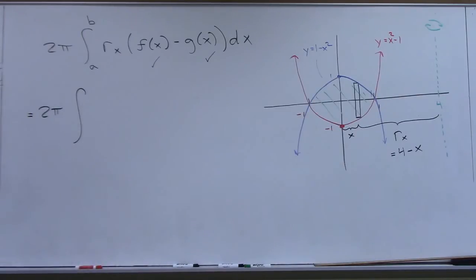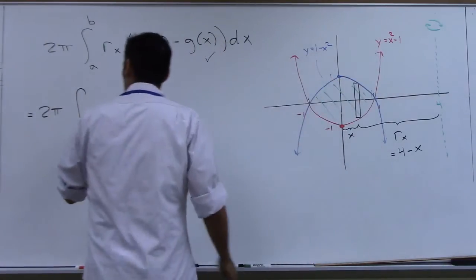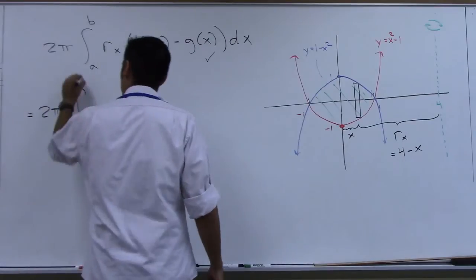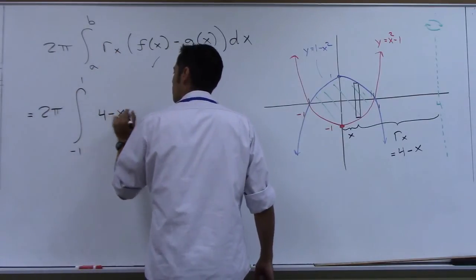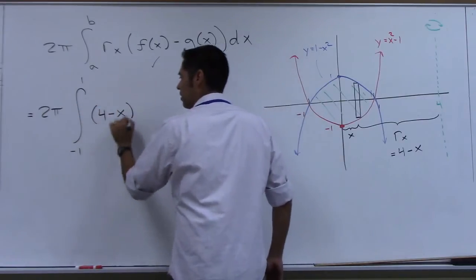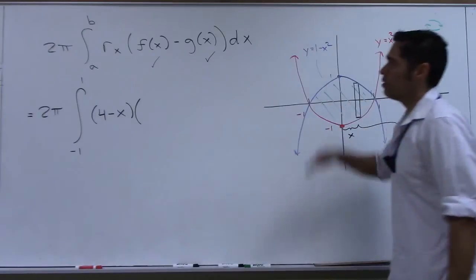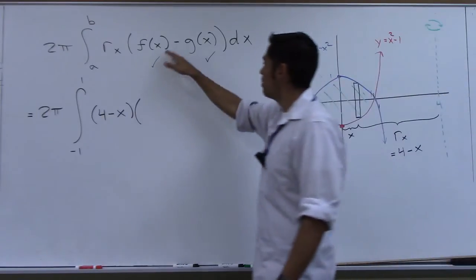If I wasn't confident, what would I have to do to figure out those values? Set these equal to each other, right? But I can tell it's -1 to 1. The radius, which I write, what, 4 minus x? Think I need that in parentheses? Absolutely, have to have that in parentheses. And then your function f of x minus the g.